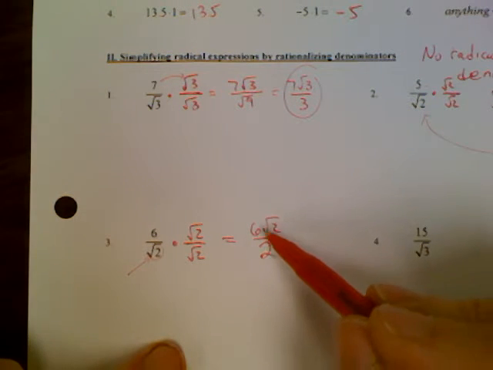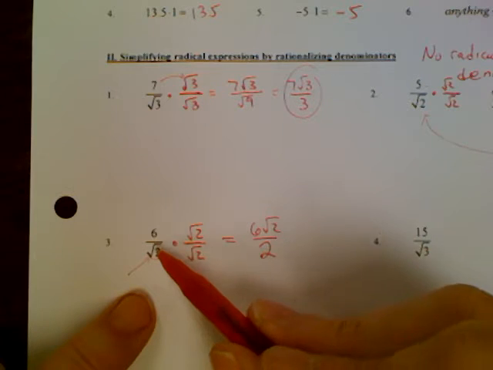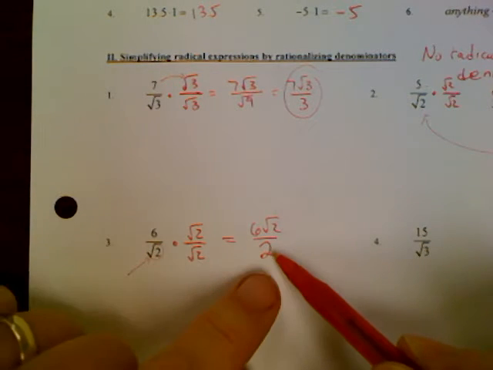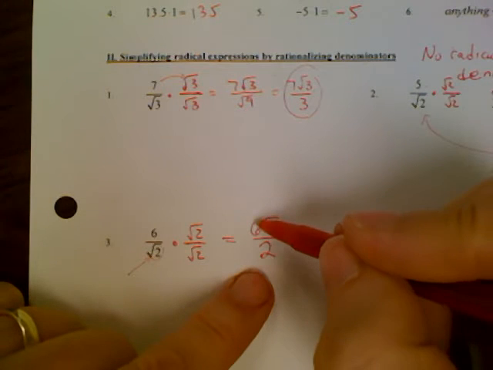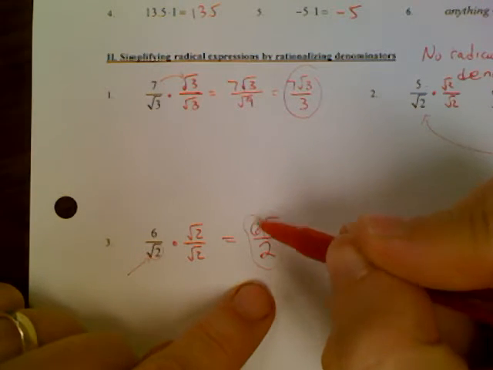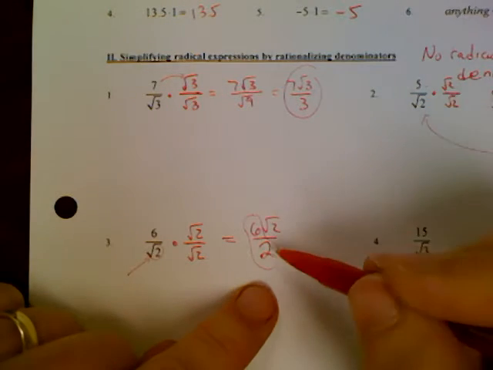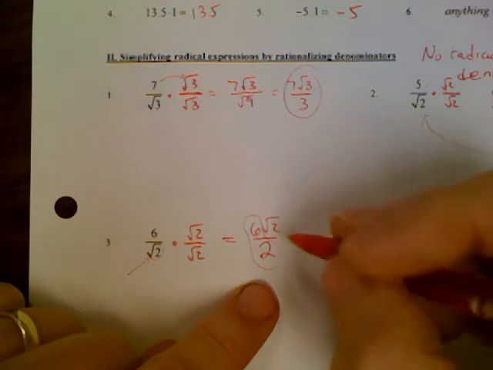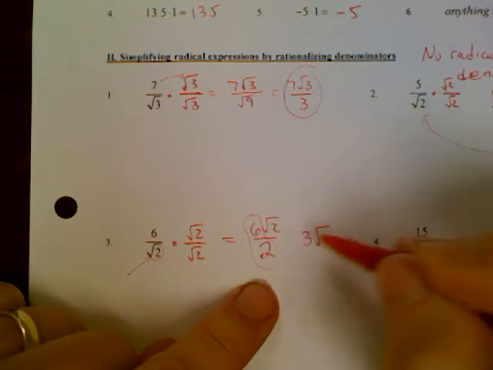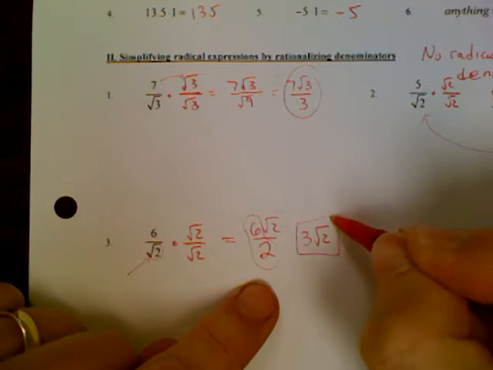Because I want you to simplify this expression completely, which first of all means get that radical out of the denominator. Okay, we did. But next you have to recognize that this can be reduced. Come on, that's old, old, old news. 6 divided by 2 is 3, and so you should change this to 3 radical 2.